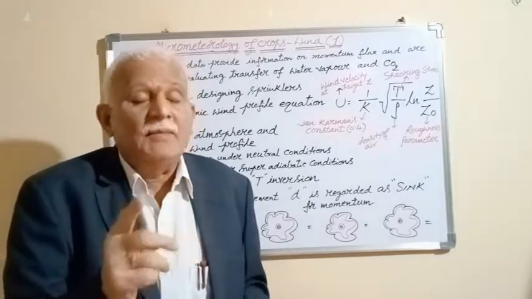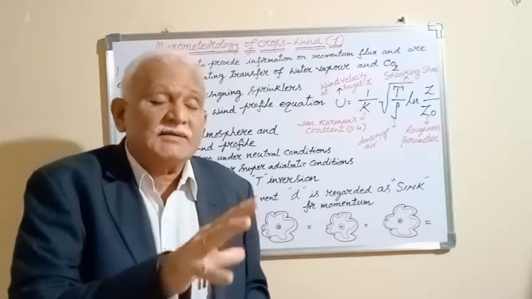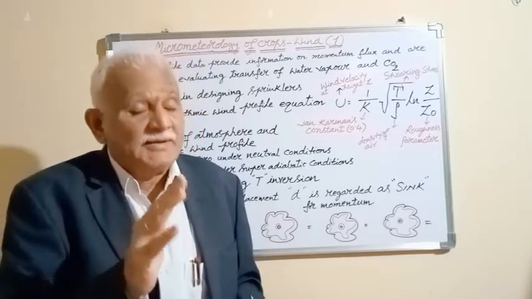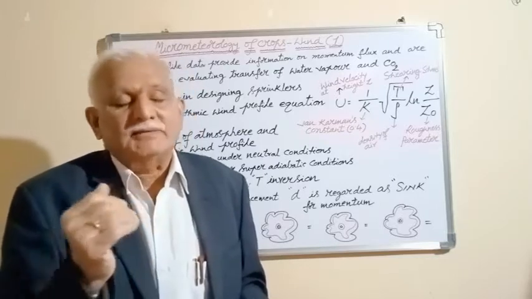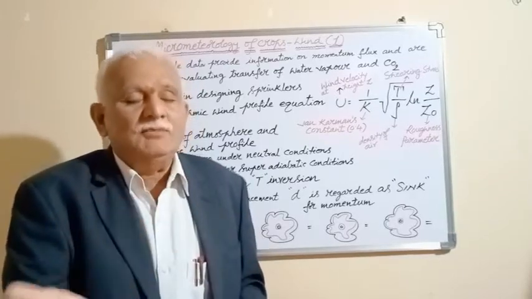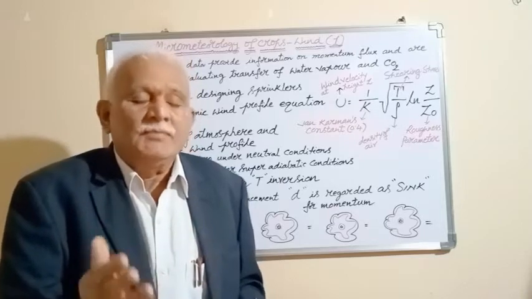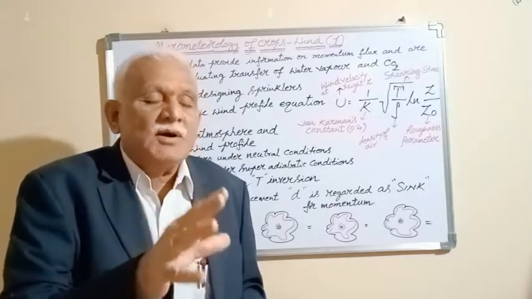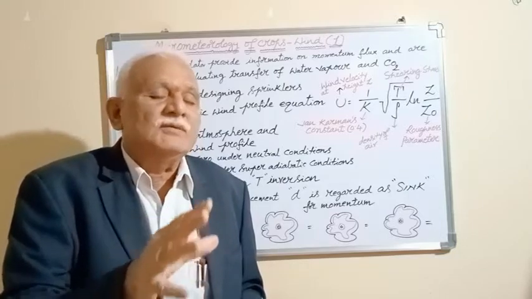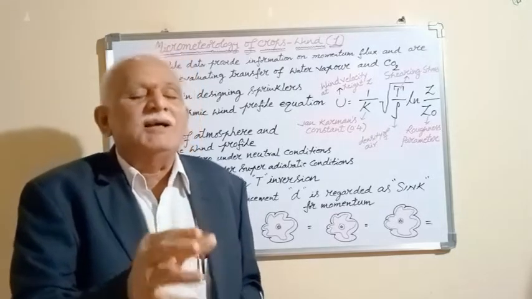In addition, wind plays an important role in frost protection. Similarly, the availability of carbon dioxide for photosynthesis and oxygen for respiration, all these most important functions of the plant, are determined by the wind.